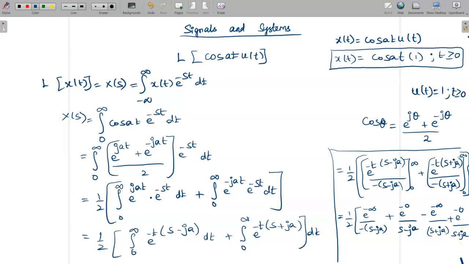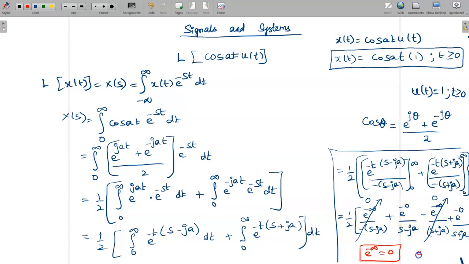Now this term becomes 0, and this term becomes 0. Why? Because e power minus infinity equals 0. Now we have only this term and this term.